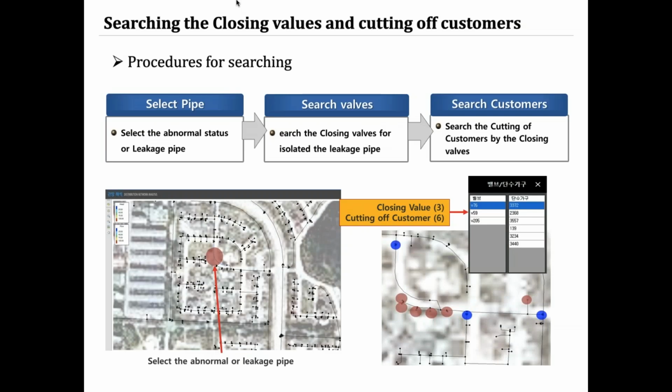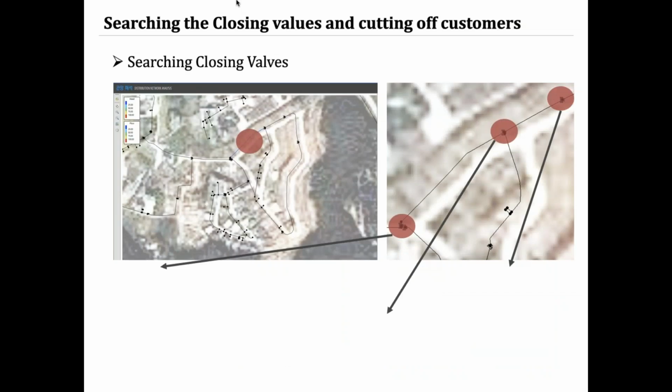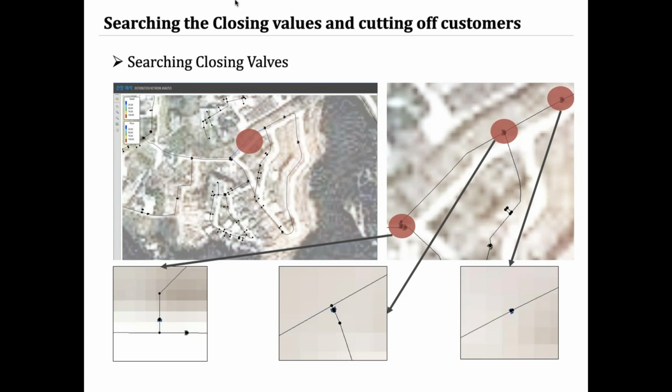This slide shows the procedures for searching: selecting the abnormal status of a leak, searching the valves to be closed, and searching the cutting of the customers by closing valves. This technology is developed by deep learning methods, etc.